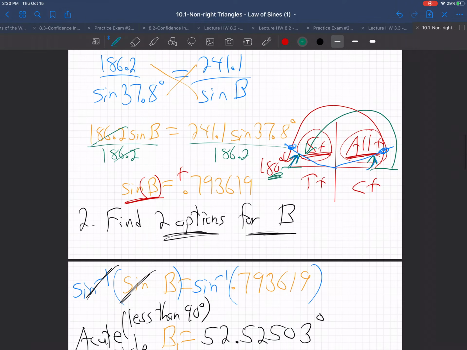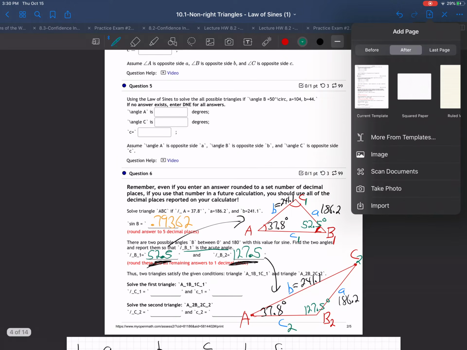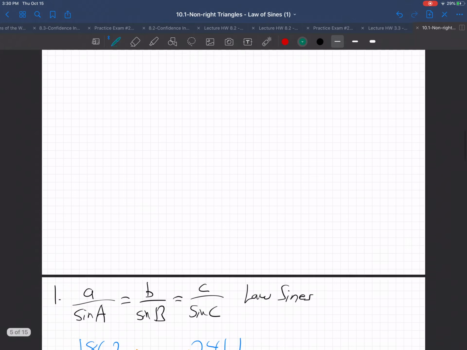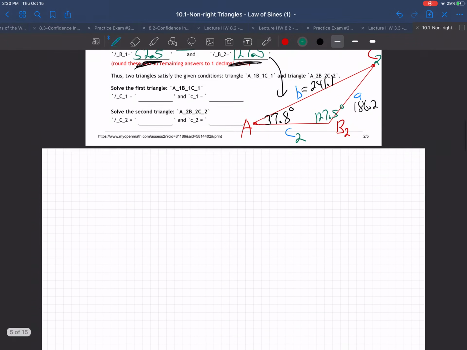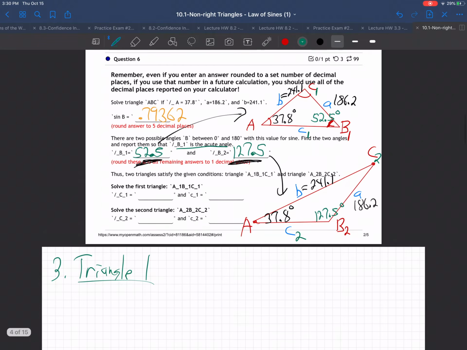So coming on down. In fact, let me just add a page right here where we can see it. Okay, this is step number 3. So I'm going to do triangle 1, and I'm going to find C. How am I going to do it?